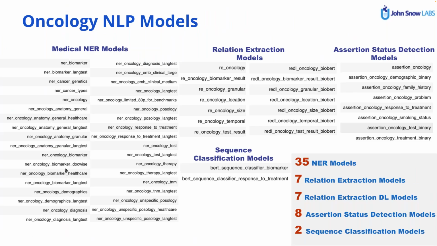And you can also see that some of them have different extensions like healthcare or lung test. These models were trained with different embeddings, because sometimes they perform better on different customer datasets.